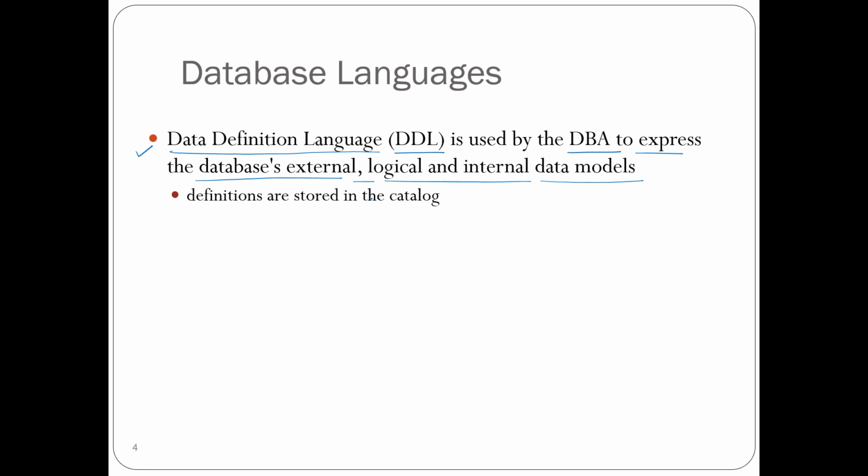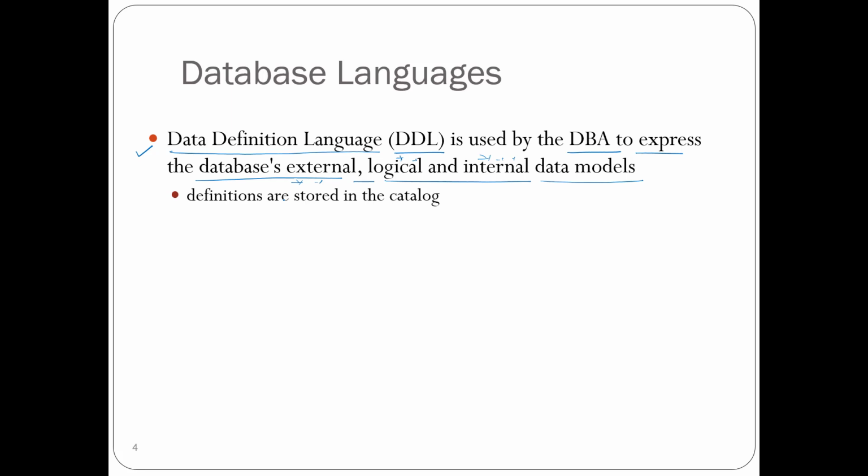So out of these data models, the data definition language has the facility of expressing what? The external data model, the logical data model, as well as the internal data model. Therefore, the DBA will use DDL, the data definition language, to create or express the external, logical, as well as internal data model.